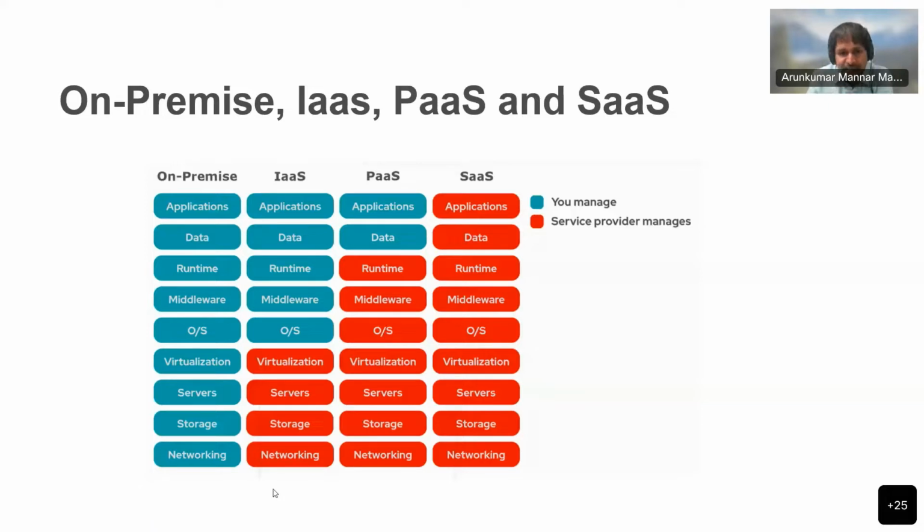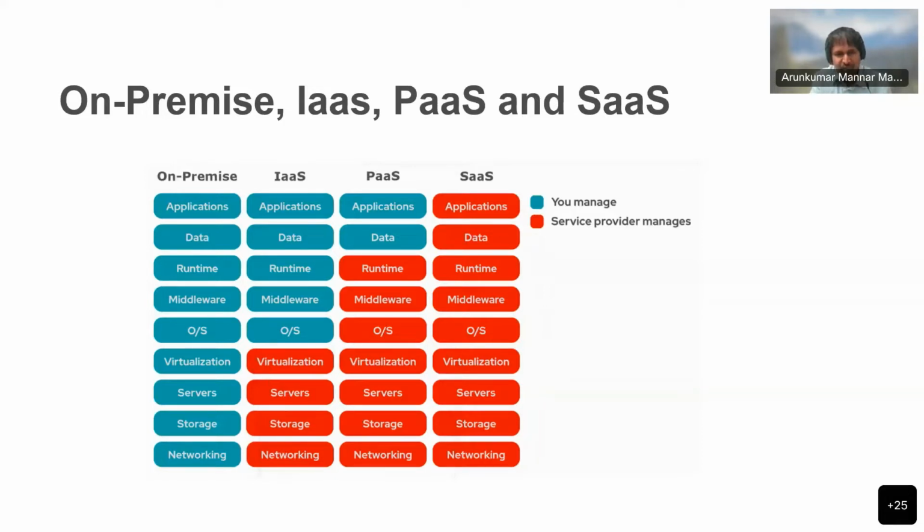A very famous service from AWS is EC2, Elastic Compute, a virtual machine. Four things are completely managed by AWS: networking, storage, servers, and virtualization. We don't need to worry about these 4 categories; AWS will take care of them.